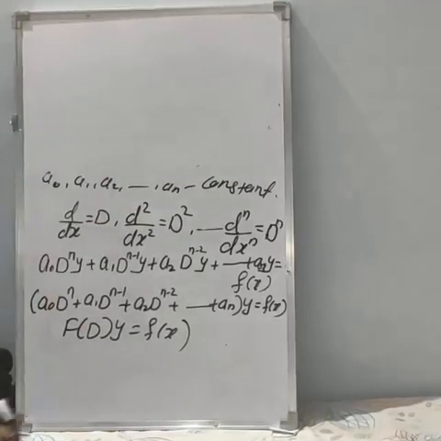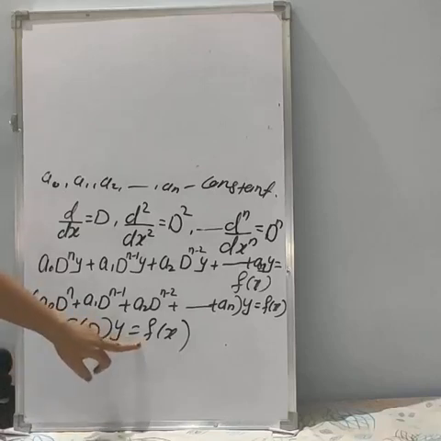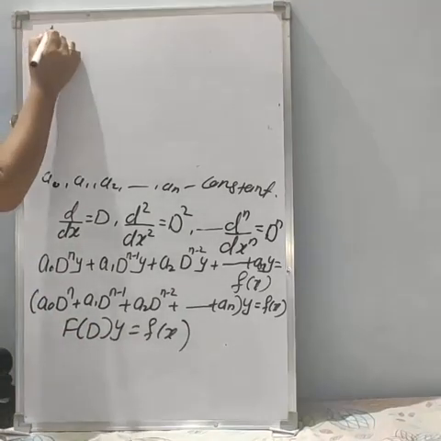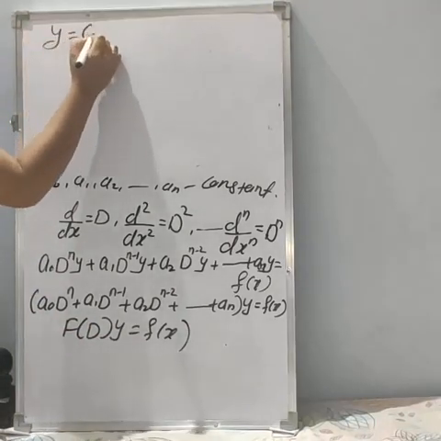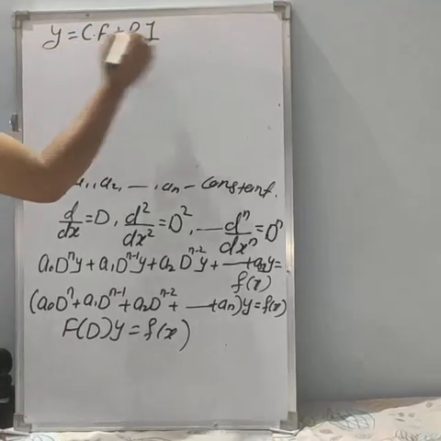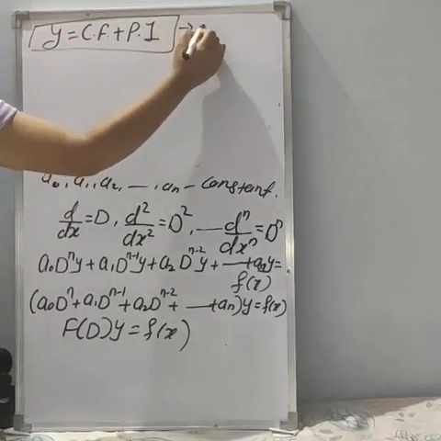So if this is the given differential equation, and here f of x is a function of x, then the solution of this differential equation, the general solution, is given by y is equal to CF plus PI. This is the general solution. Very important.